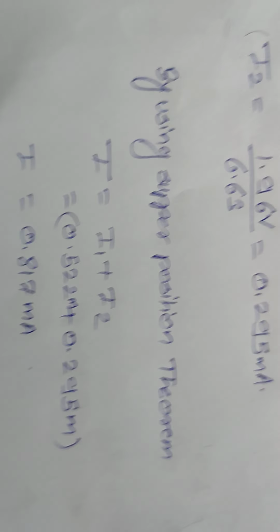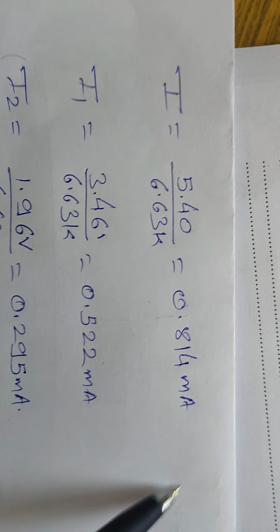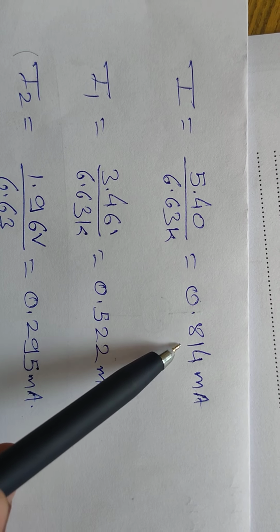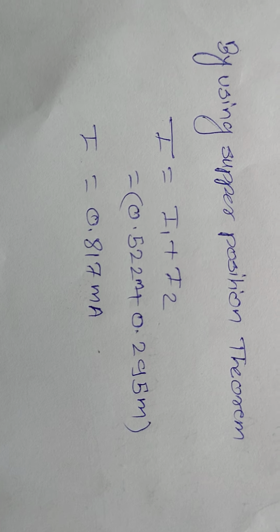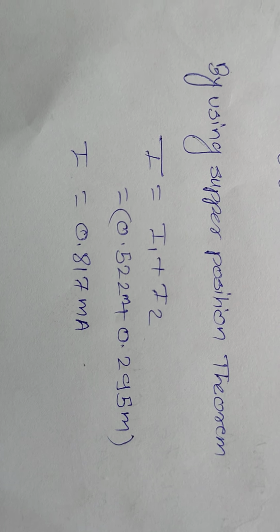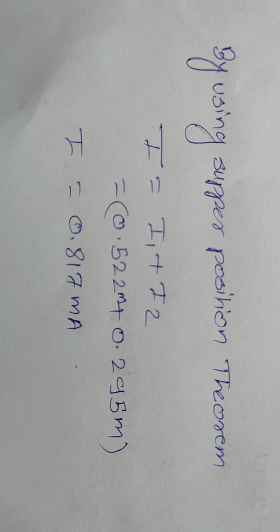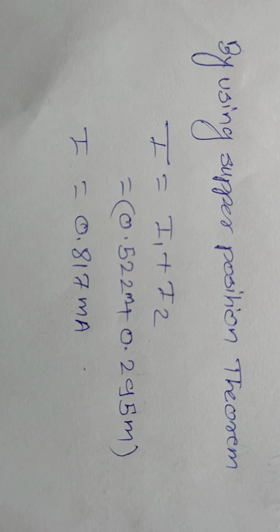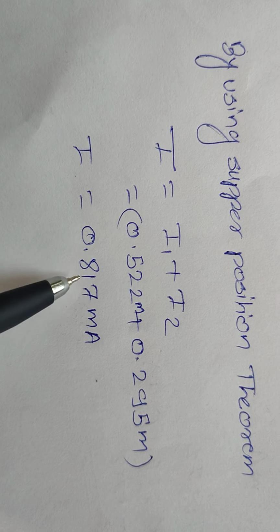So initially, when both the sources are connected, we are getting 0.814 milliampere, but by using superposition theorem, that is by replacing every other source and calculating individual source response, we are getting this current.